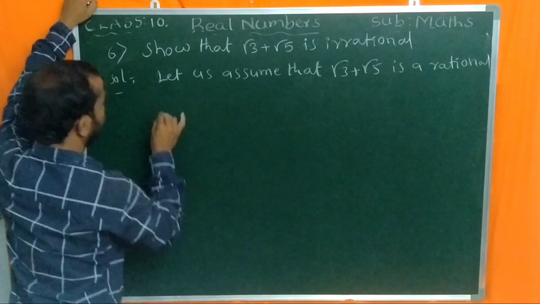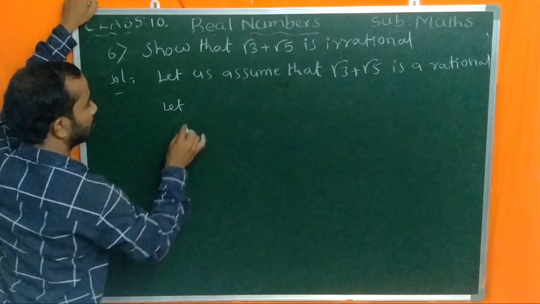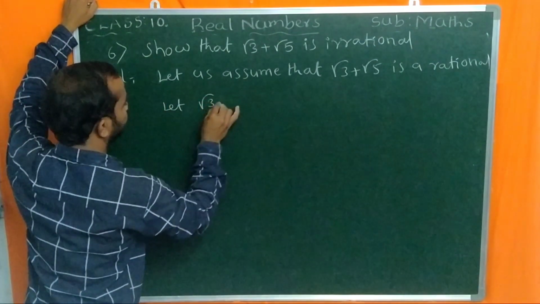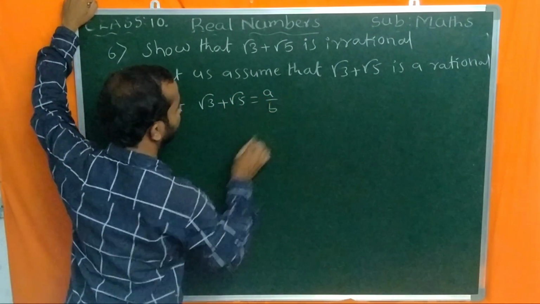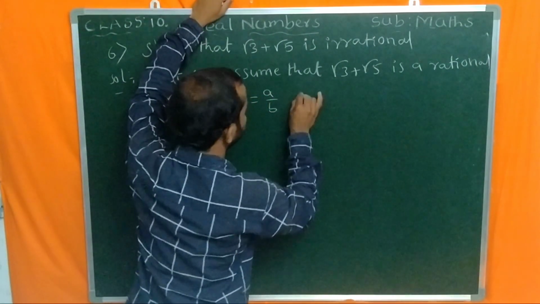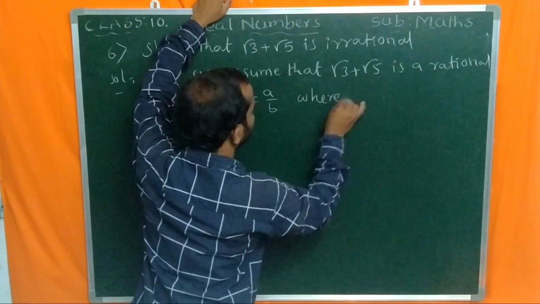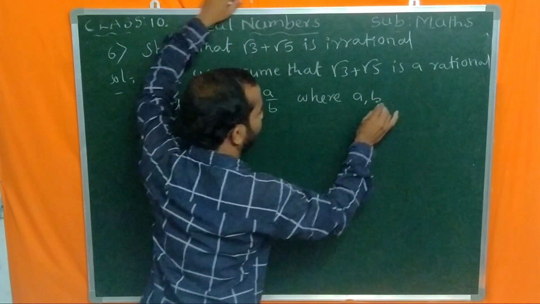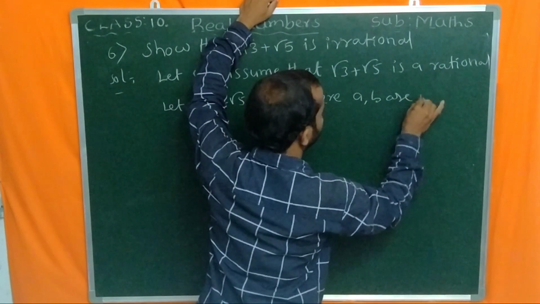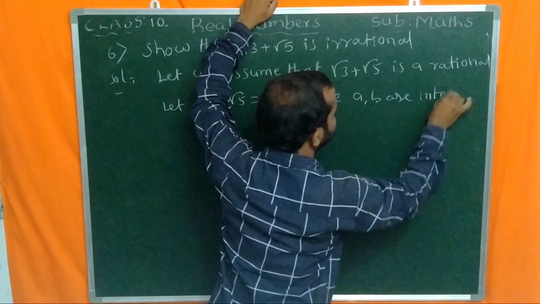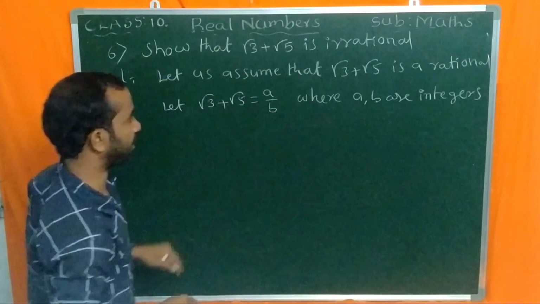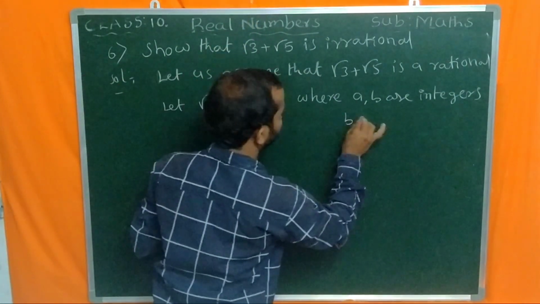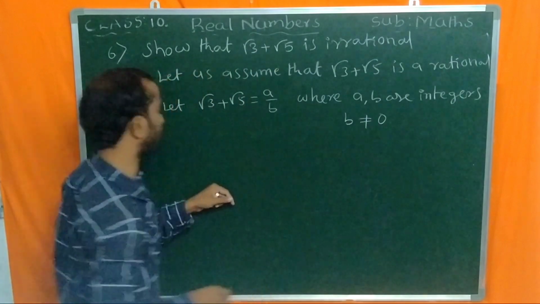So let root 3 plus root 5 equal a by b. Here a, b are integers and b does not equal 0.